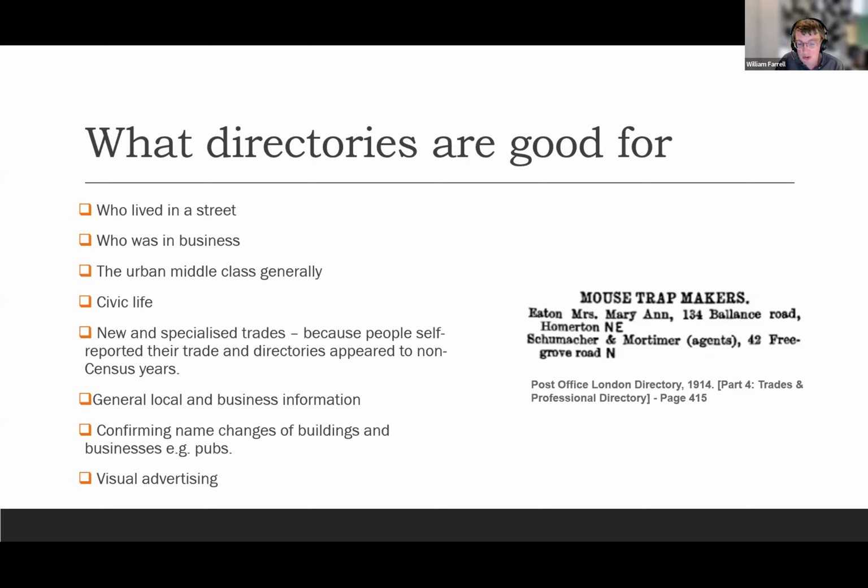They're also very good sources for visual advertising in the later 19th century and Edwardian period, in an era where visual advertising seems quite fun and quirky now. So after about 1850 or 1860, printing technology for engraving changed, and it became much more feasible to have a lot of illustrations in printed publications and for people to commission specific designs and logos and illustrations with adverts.